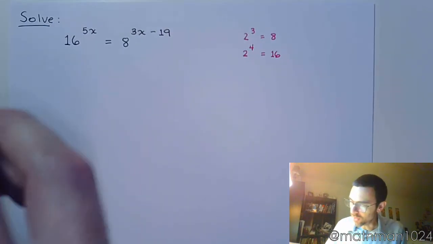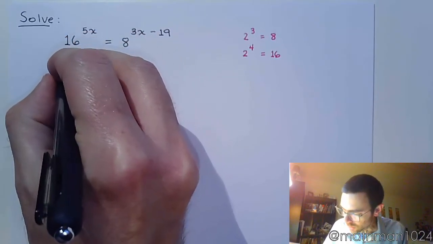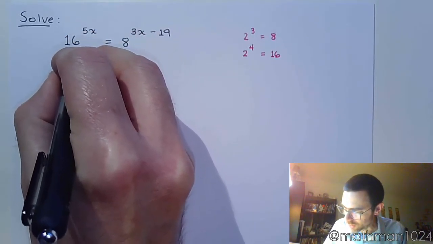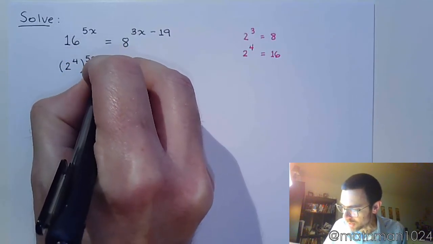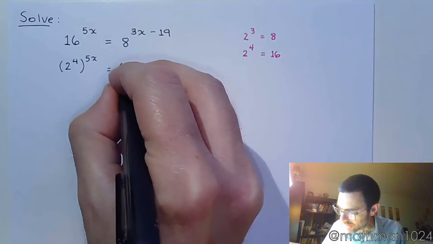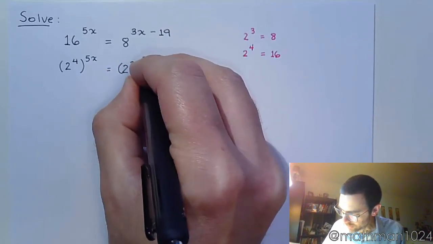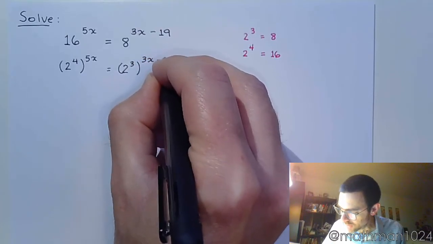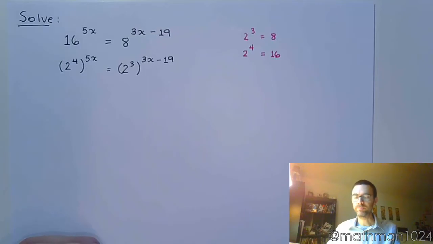So that means that we can rewrite each side as something that has a base of 2. So 16 gets rewritten as 2 to the fourth, raised to the 5x power, and 8 gets rewritten as 2 to the third, raised to the 3x minus 19th power.